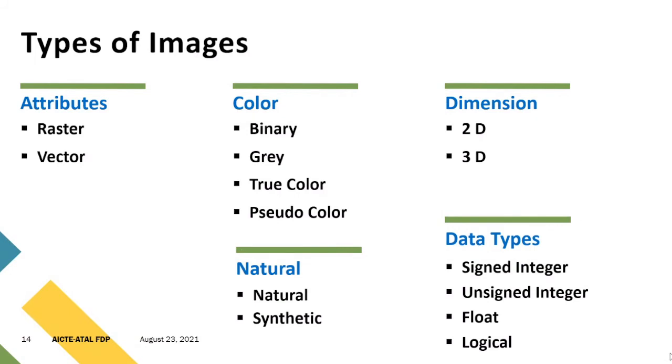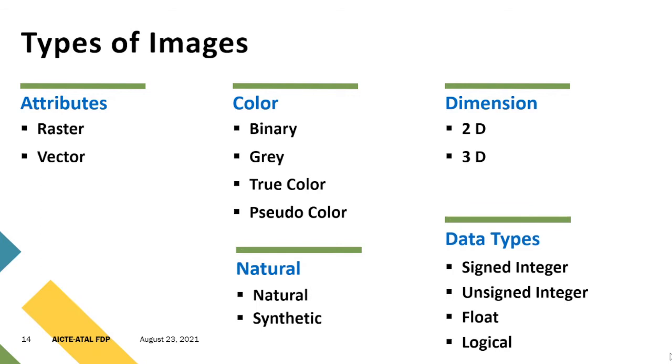But in the case of a gray image, there will be certain shades of gray. You can observe in gray itself the variation of gray shades: light gray, dark gray, more dark gray towards black. So in gray images, there will be certain combinations of the gray colors.